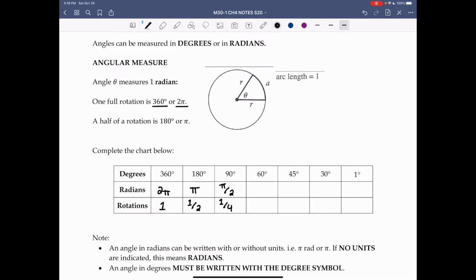60 degrees, how many rotations is that? 60 times 6 would be 360 degrees, so it's 1/6 of a rotation.